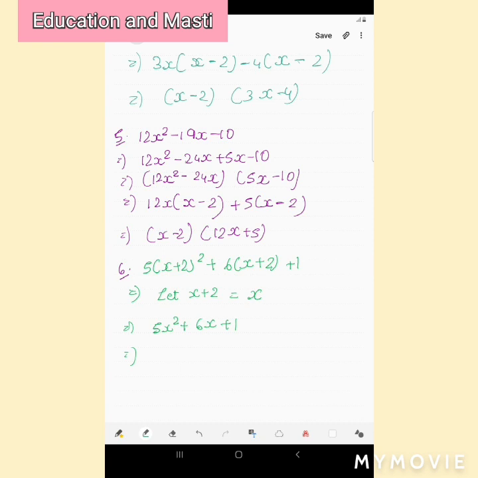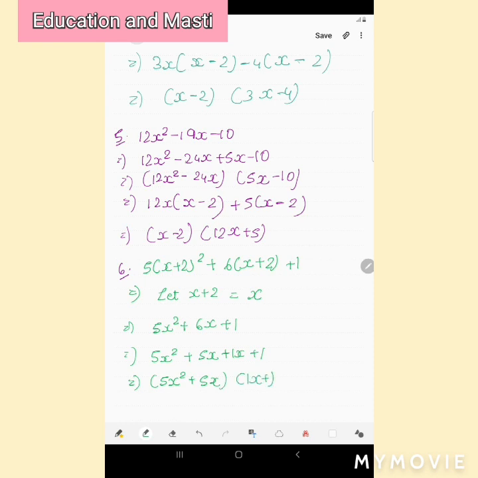It is very much simple. What we will do? 5x square plus 5x plus 1x plus 1. So we got 6x as well as the product, that is 5x square. So now we will take in pairs: 5x square plus 5x and 1x plus 1.